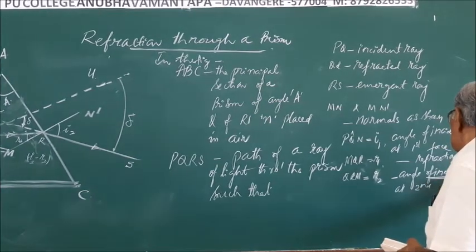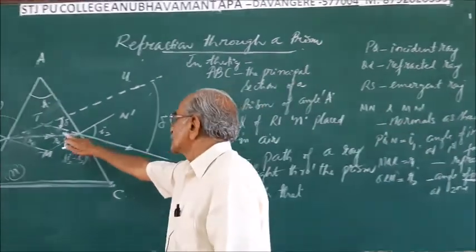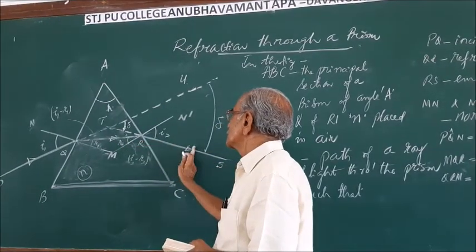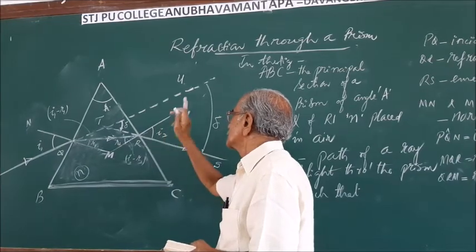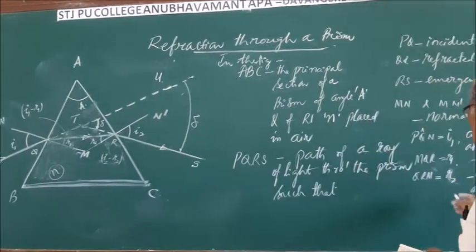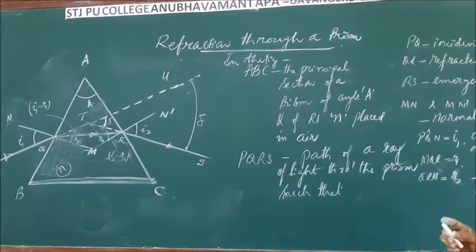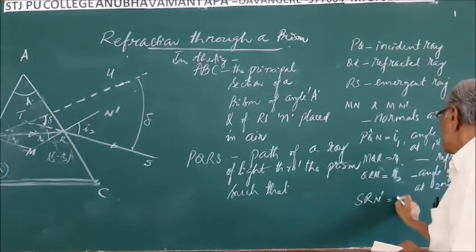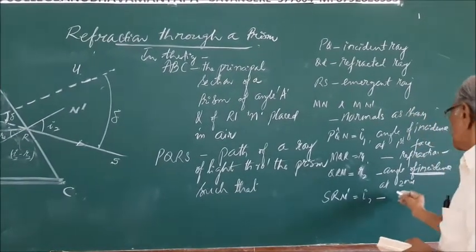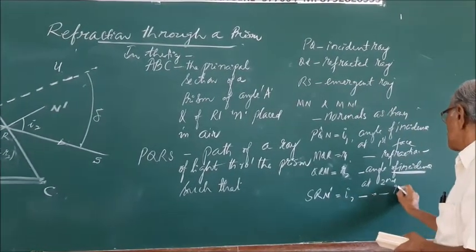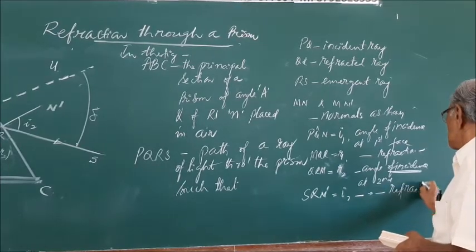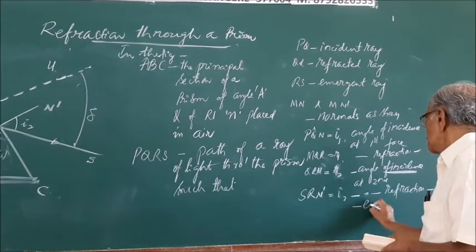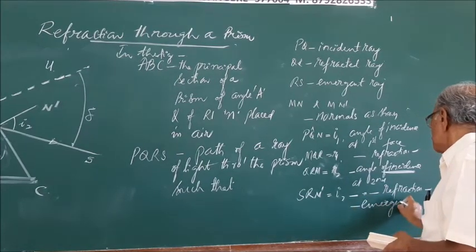Please note, light falls here on this surface, therefore it is the angle of incidence, and goes out here making an angle of refraction. i2, that is SRN', is the angle of refraction at the second surface. It is more commonly known as the angle of emergence.